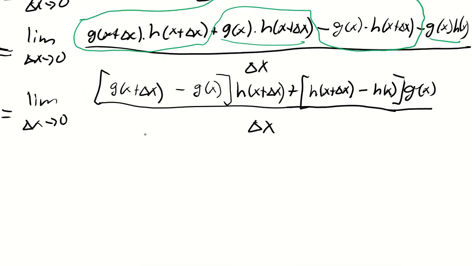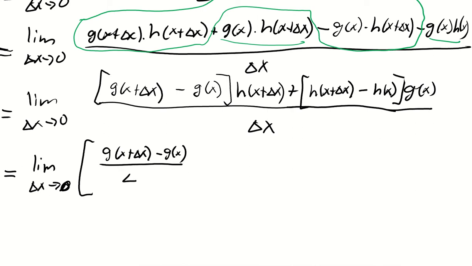Then next is to separate them into several parts. So the limit as delta x approaches 0, we can distribute the limit, even if it's a product. So here we have the first part, g of x plus delta x minus g of x, all over delta x, multiplied with h of x plus delta x.